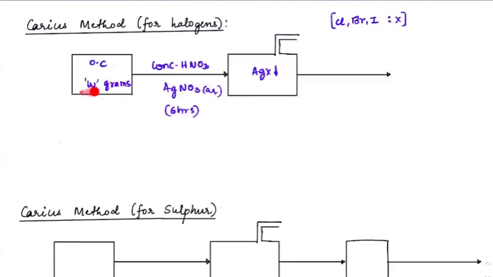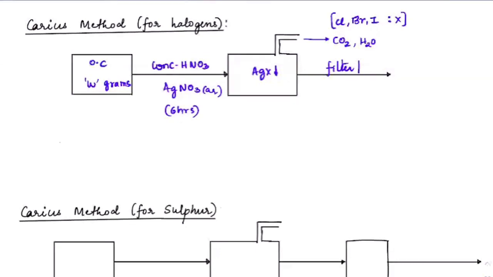That precipitate will be AgX, the silver salt. The rest of the part will come out as gases like carbon dioxide, and on heating we will have water coming out, correct? So the only precipitate left will be AgX. We filter that completely, and dry it.